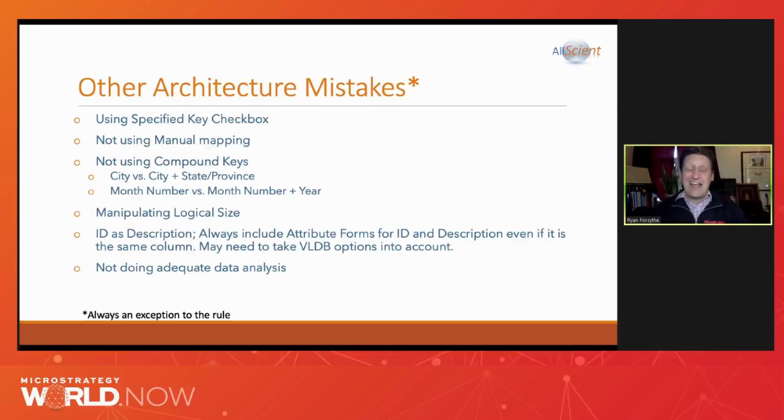Another thing, not using compound keys. You map city to city name. Well, city in a lot of places is not just city, especially in the US. We have a lot of different Washingtons. We have Washington, Virginia, Washington, DC, probably a bunch of other ones. So it's city, state, city, province, is really the key in there.